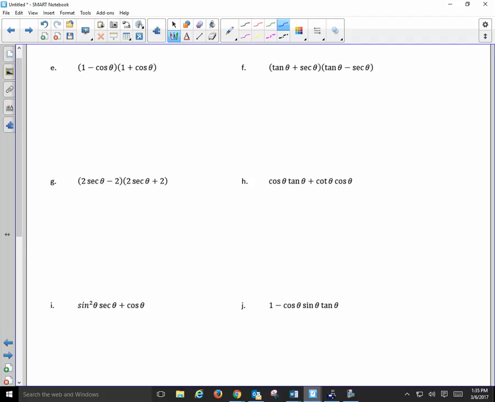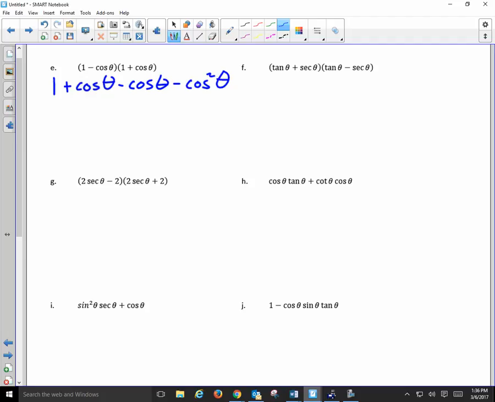What do you want to do with E? You see the problem? It's already factored. Foil it. Okay, what's foil? 1 times 1? 1. 1 times positive cosine? Positive cosine. Negative cosine times 1? Negative cosine. Negative cosine times cosine?